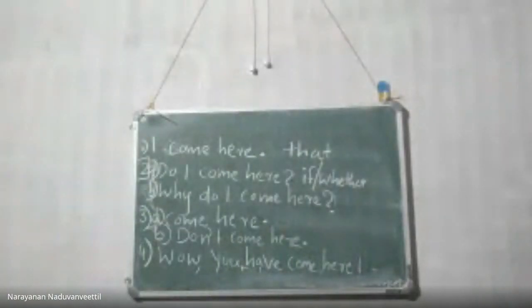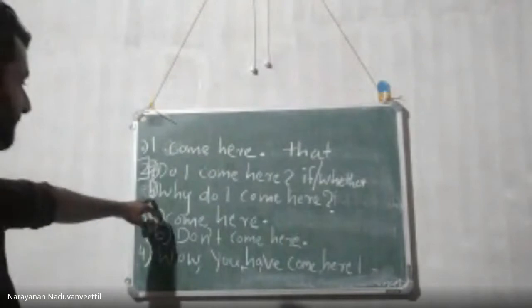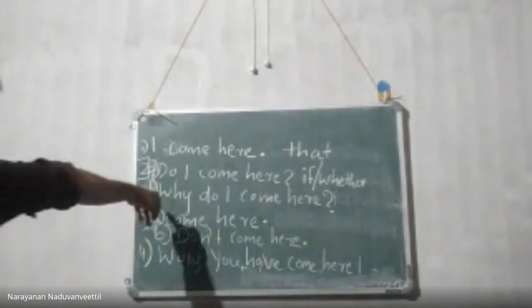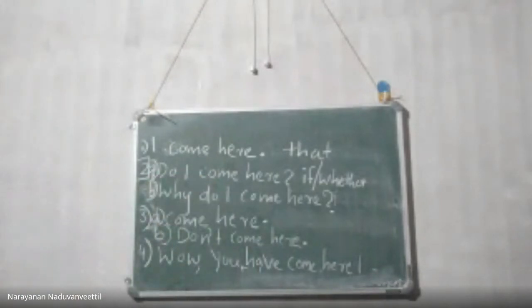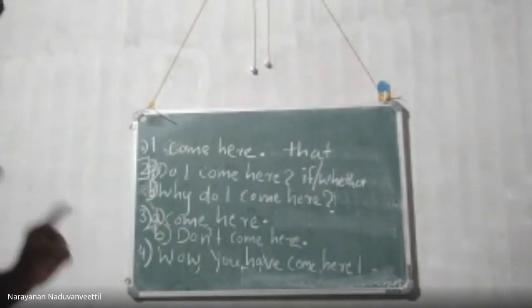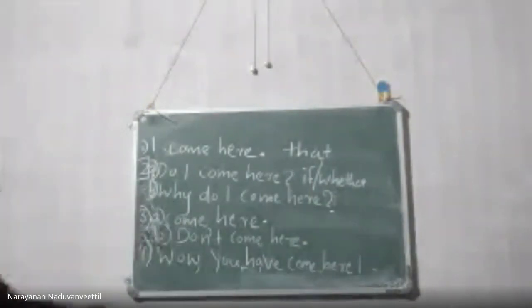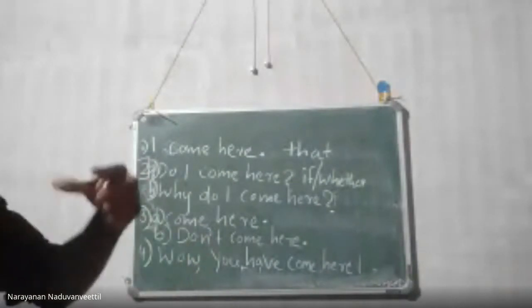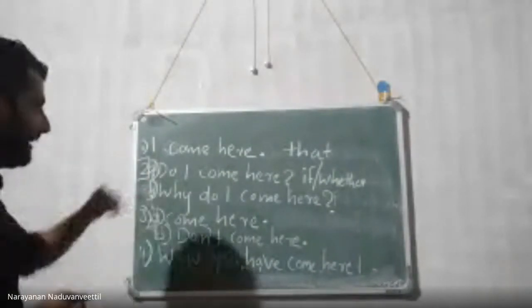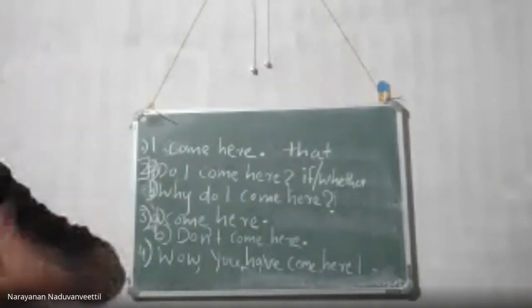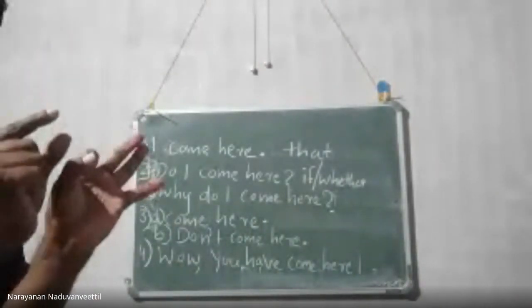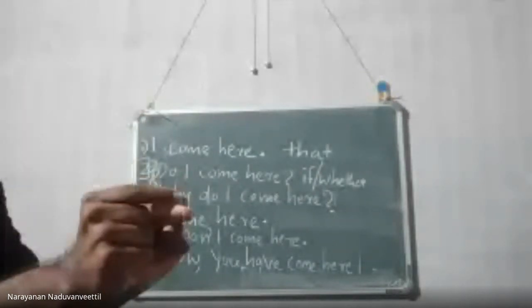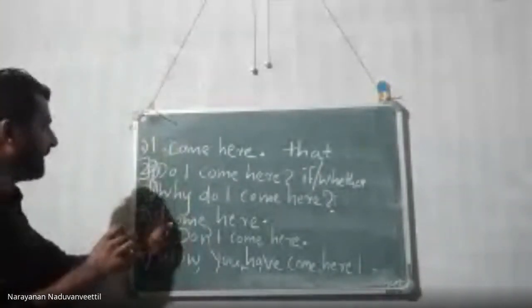But as for B, the WH interrogative sentence, making the connection is very easy. You have to use the same WH word which is given in the dialogue. You don't have to find a new connector in this B category. So probably the connecting word here is why.